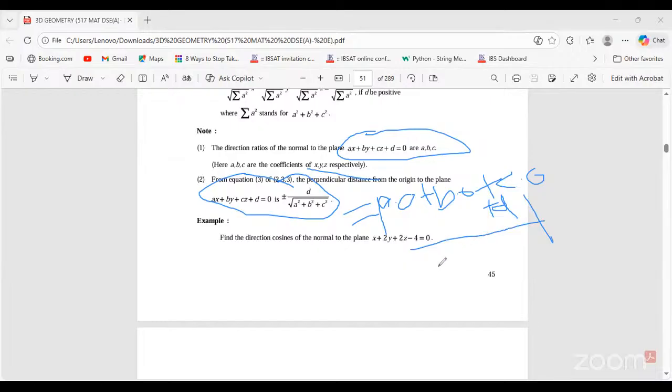The denominator is root of summation A square.